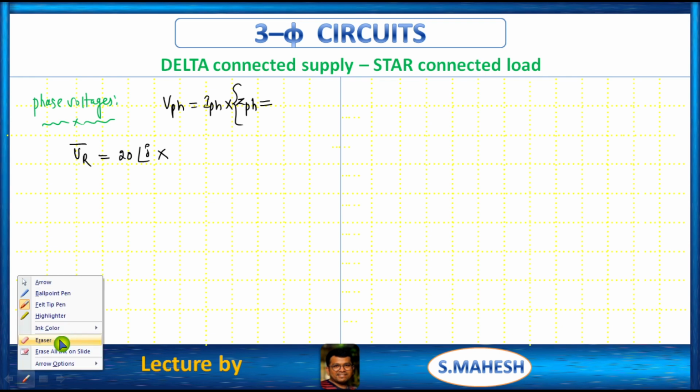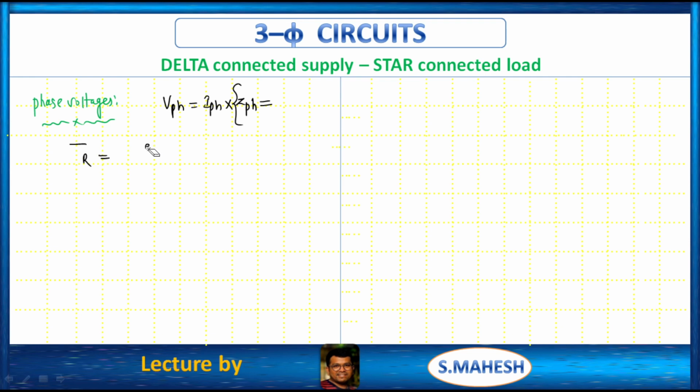Before that we have to write that point. So Z phase, which is equal to 6 minus j8, which is equal to 10 at an angle minus 53.13 ohms.